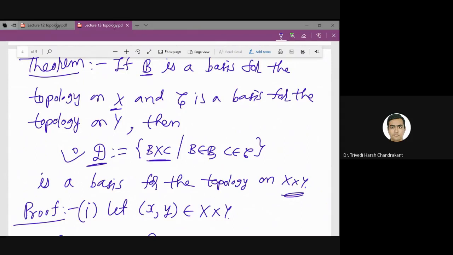The topology generated by this basis we are not calling anything. We can denote it simply by tau D.